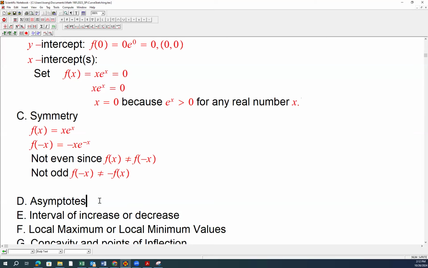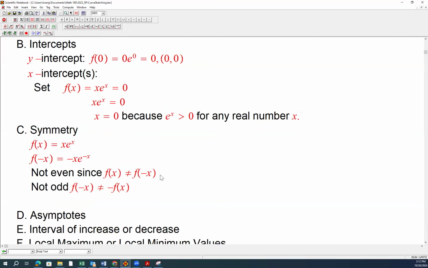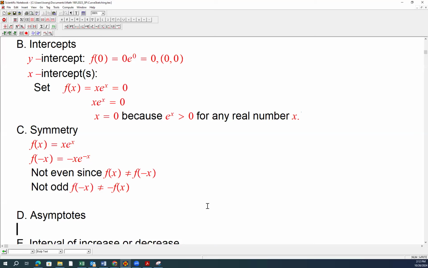Asymptotes. Vertical asymptote, we certainly don't have it because the domain is all real numbers. So let's write down: no vertical asymptote.